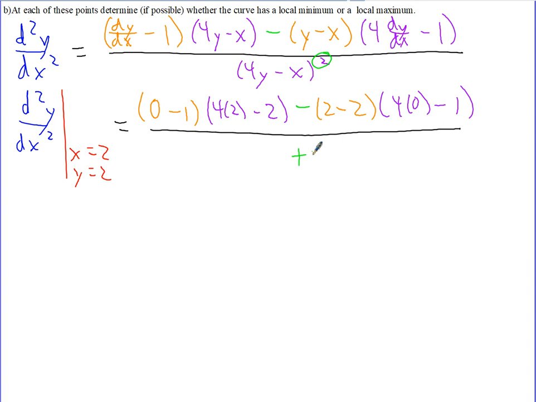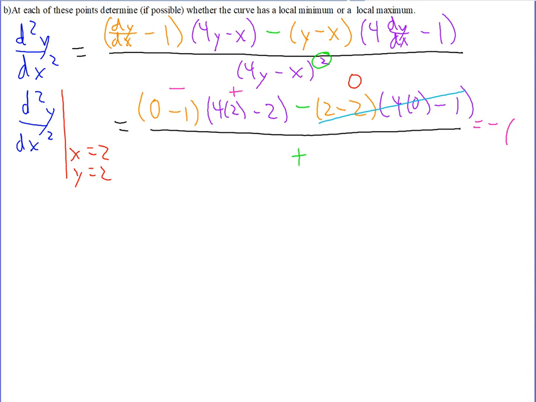So notice this 2 minus 2 is 0. That's going to wipe out this entire second term. 0 wipes this whole thing out. That's fine. And now we just have a negative here, negative 1 times this, negative 2 is positive. So it's just a negative times a positive divided by positive. Negative times a positive is negative.